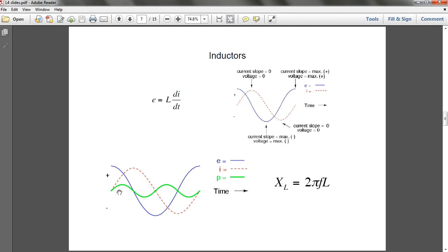Now P is the overall circuit signal, while E is the voltage. So as the voltage goes down, the current goes down. You see, the voltage leads the current in the sense that as the voltage goes up, the current follows and goes up. So the voltage leads the current. This is what it's talking about.